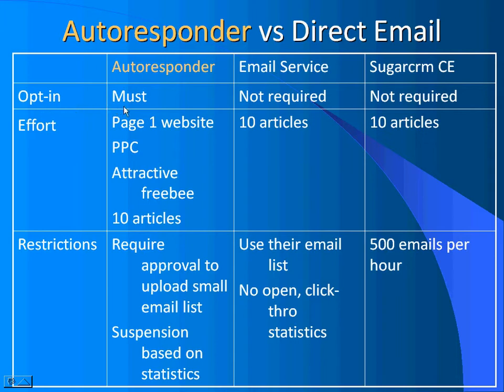The recipient must agree to receive your email before you can send to them. That's why for all autoresponders, the first level opt-in is a must. Some service providers even go to the level of double opt-in. For email service, it's not required. For Sugar CRM, it's not required.